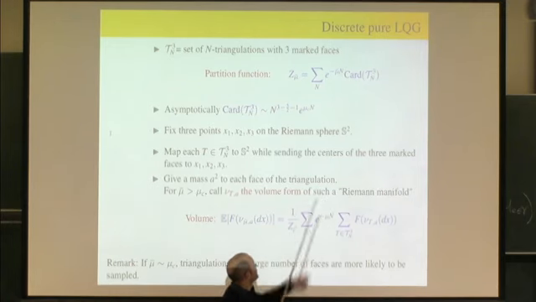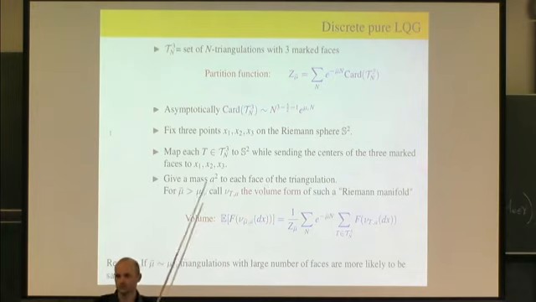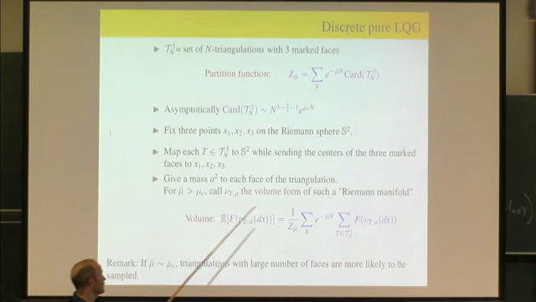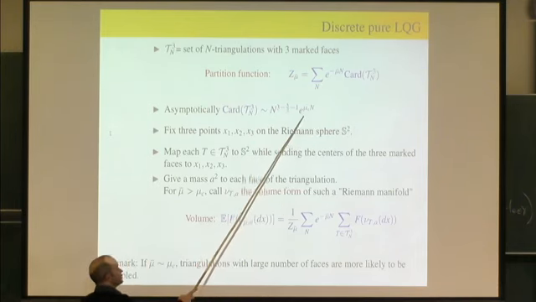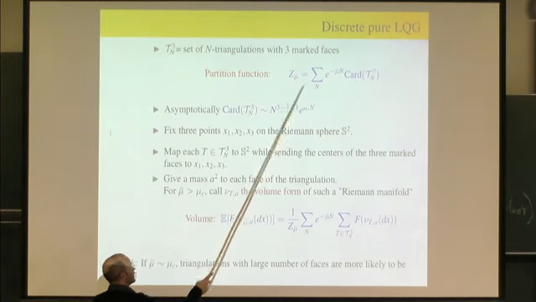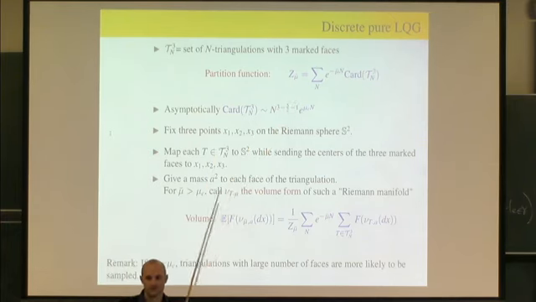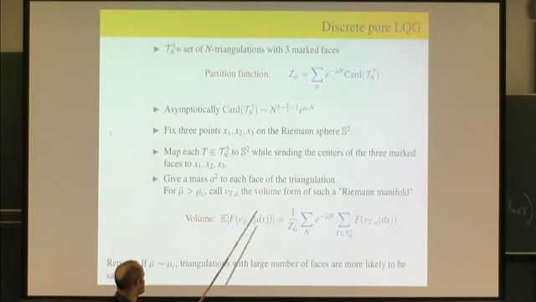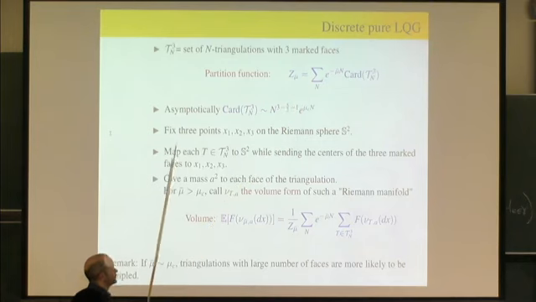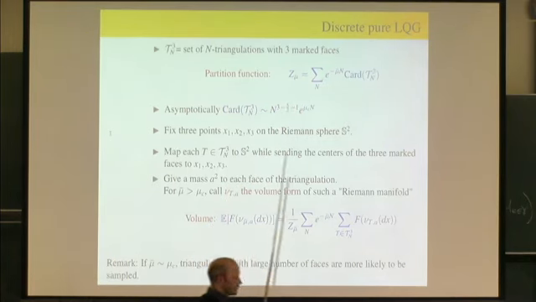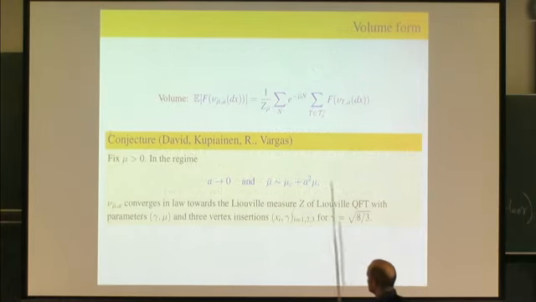Obviously, this will occur when mu bar is very close to mu critical, because when you choose mu bar equal to mu critical, you just get the sum over n of these polynomial corrections, and this sum diverges. So when you are very close to the critical point, your partition function will diverge. But we have to make this a bit more precise.